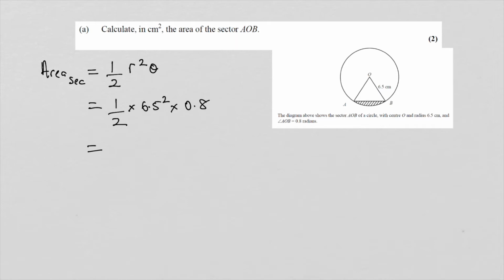When we multiply those together, we get 16.9 centimeters squared. So that will be the area of the sector, and that's what we're looking for.